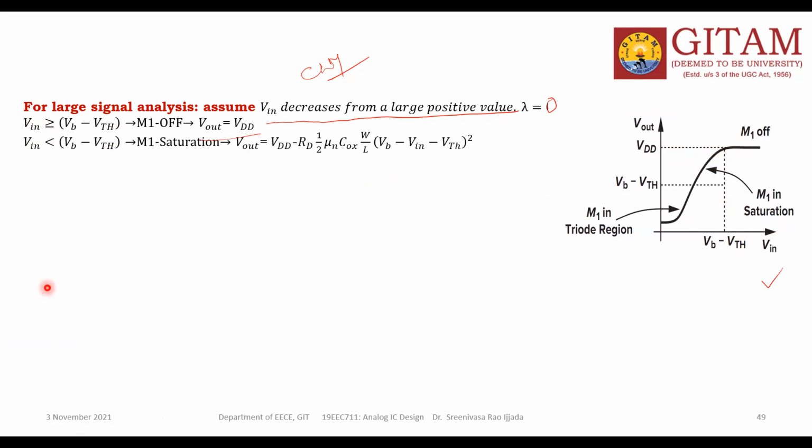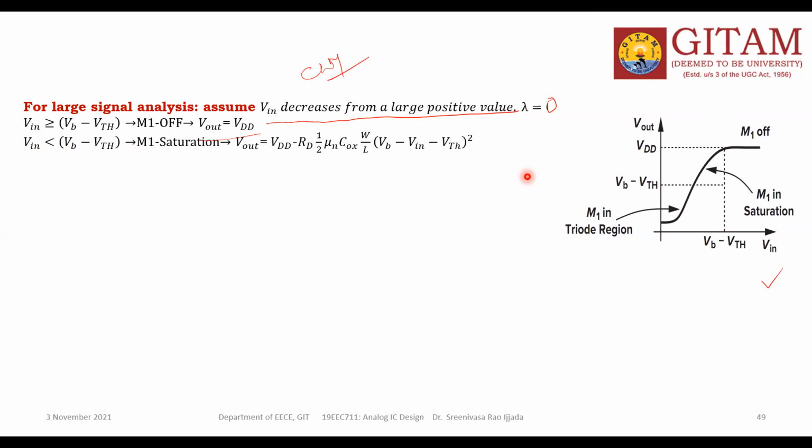So the next one is another case. Suppose your input voltage is less than VB minus VTH, which means your gate is more than the source. Then the device is on and is in saturation. Whenever this condition is satisfied, M1 is in saturation, so definitely current is flowing in the circuit.